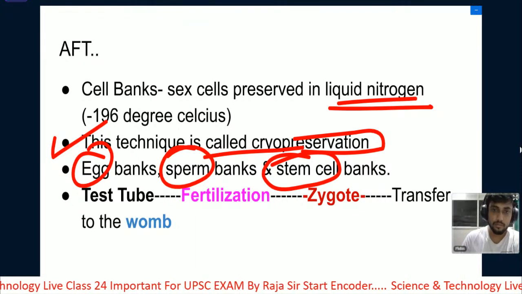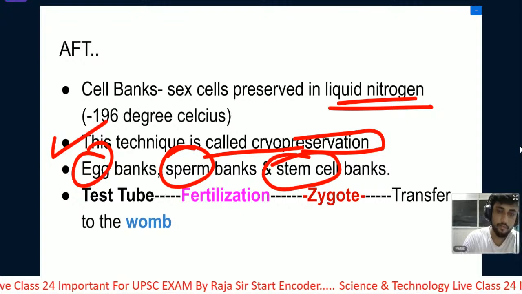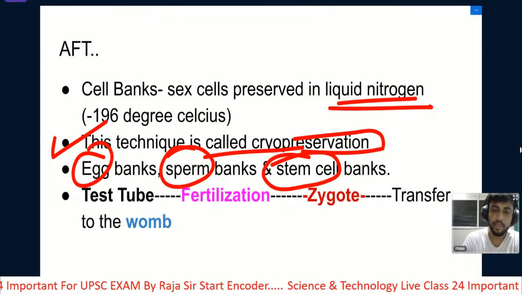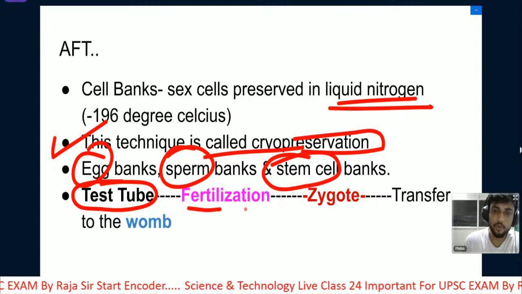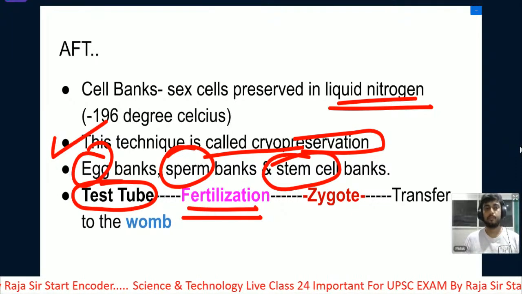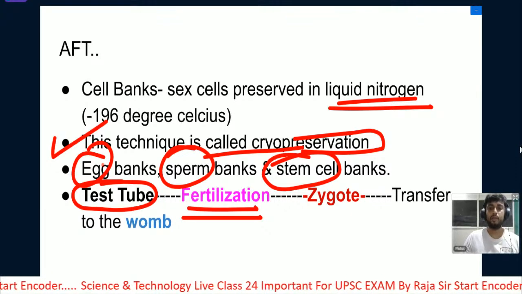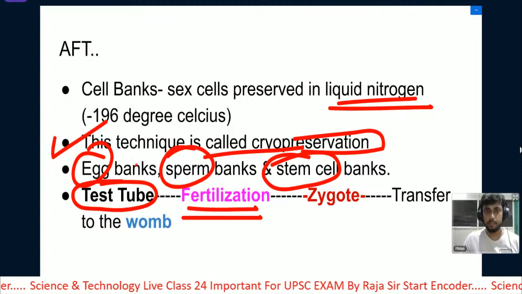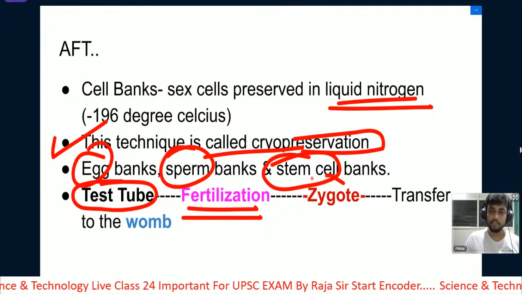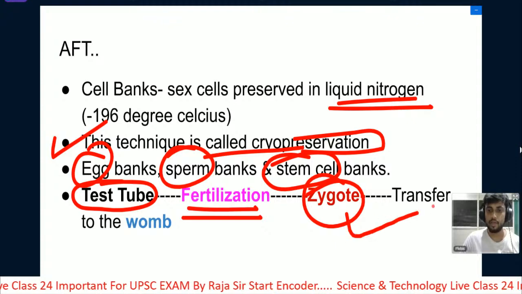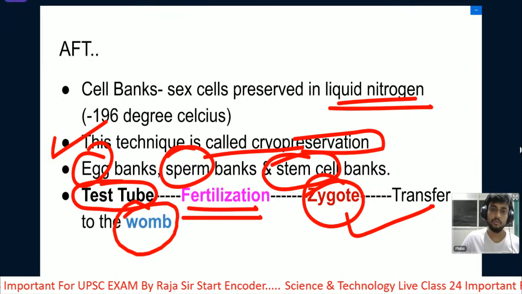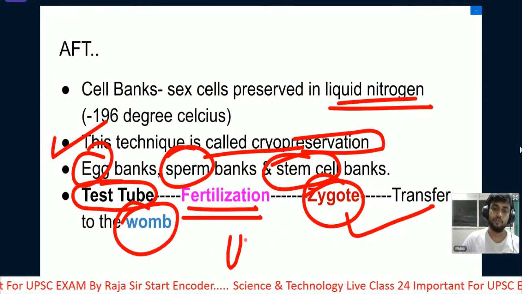Now, the artificial fertility techniques include that inside a test tube, fertilization is achieved. Okay, the egg is fused with the sperm artificially, and in this process a zygote is formed, and this zygote is then transferred to the womb or the uterus of the female.